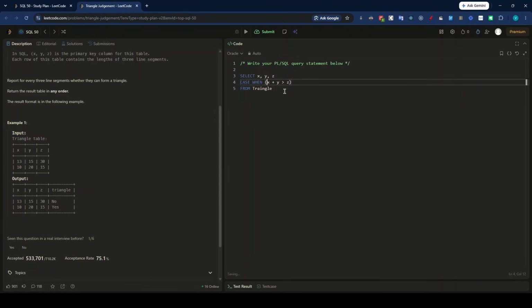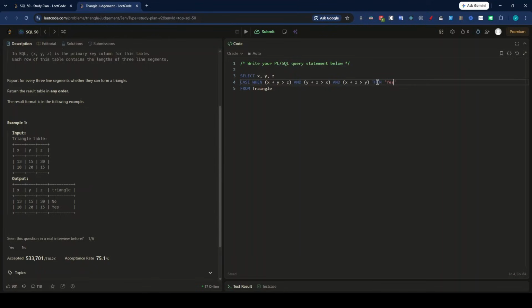And one more combination is y plus z should be greater than x, and x plus z must be greater than y. The sum of any two sides of the triangle should be greater than the third side. So x plus y greater than z, y plus z greater than x, and x plus z greater than y.